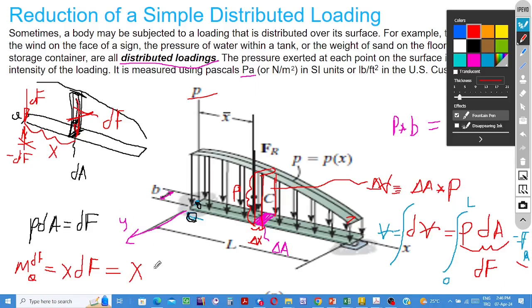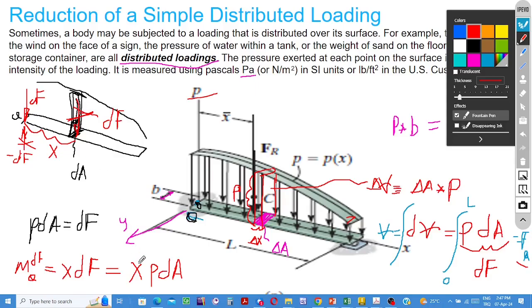How much is it? The pressure at the place where we considered that part of the contact surface, whose size is infinitesimally small, times the contact area. P times dA is the magnitude of this differential force, times the moment length, the distance relative to point O, is the moment. This is the moment of this force.